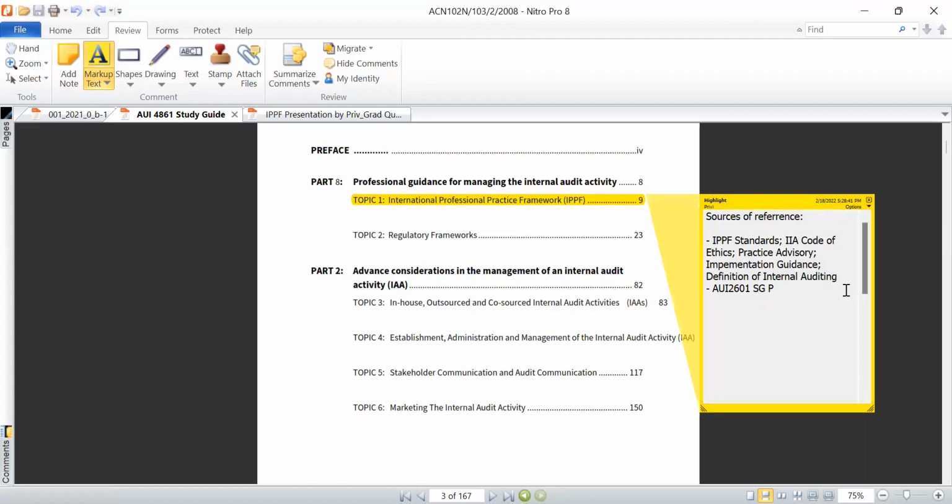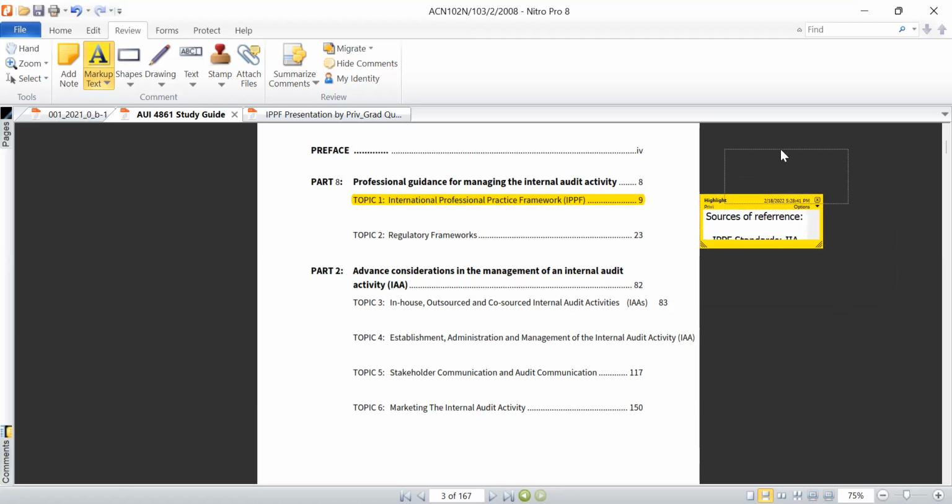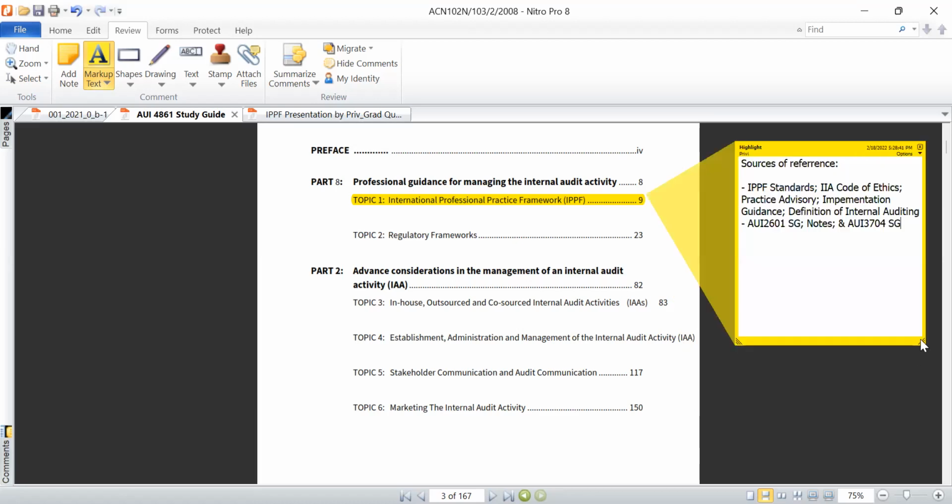Another source of reference will be the notes that I'm going to give you, as well as AUI 3704. You can also use the study guide for that. It nicely paraphrases topic number 1.